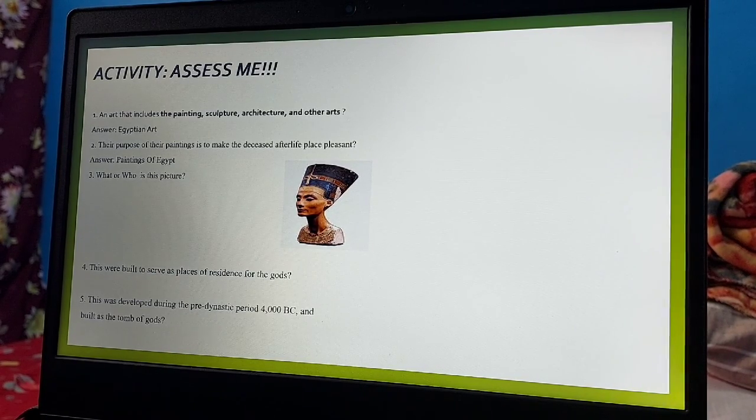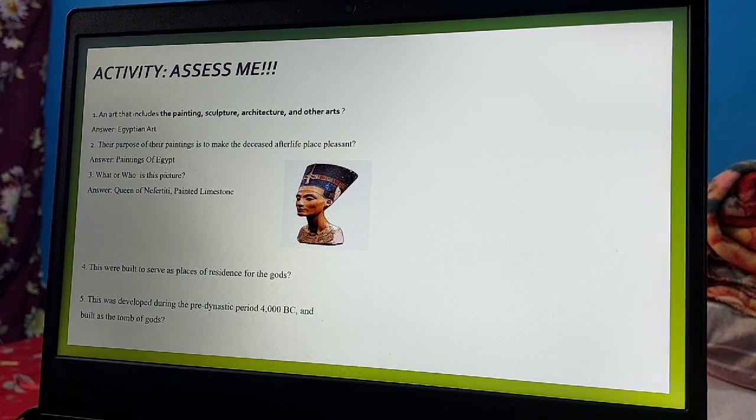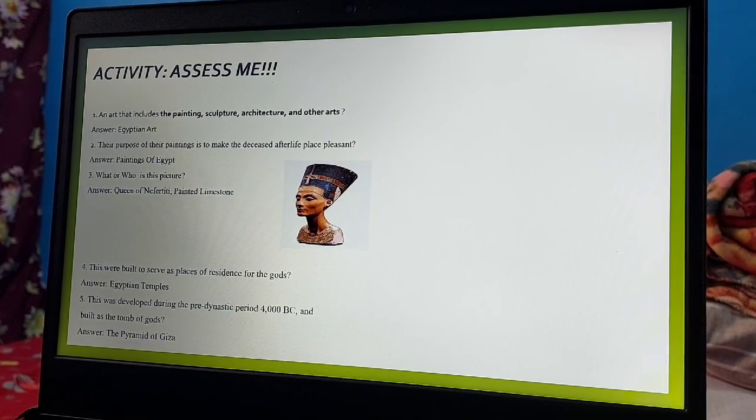The answer is Queen Nefertiti, painted limestone. Number 4, these were built to serve as places of residence for gods. The answer is Egyptian temples. Last, this was developed during the pre-dynastic period from 4000 BC and built as the tomb of gods. This is the Pyramid of Giza.